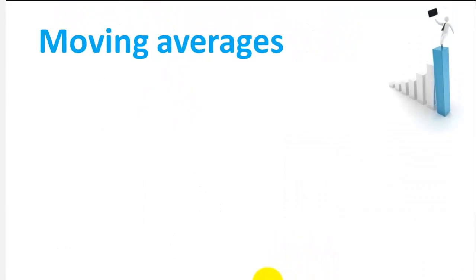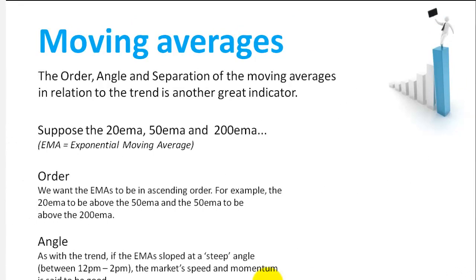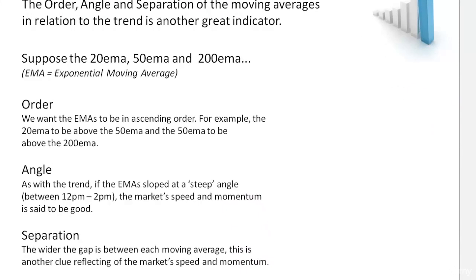Okay, and by the same token, moving averages are also a very good way to objectively gauge the steepness, momentum, and success of your cycling price action. We know that there are lots of different moving average combinations out there, but supposing you did decide to use the 20, 50, and 200, we use the 20 and the 50 exponential moving averages.